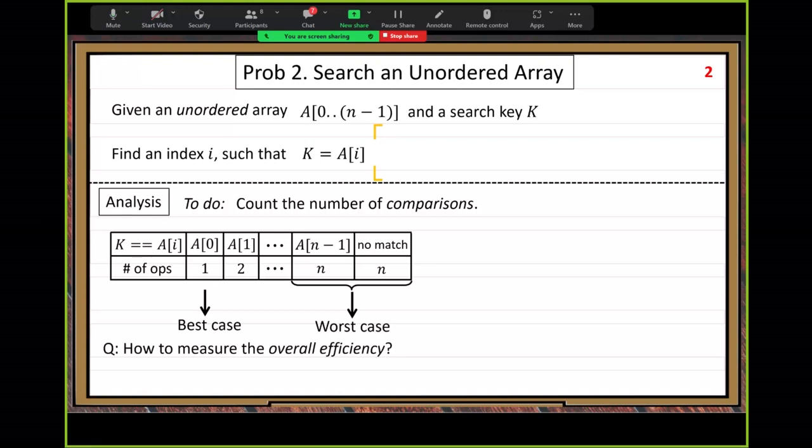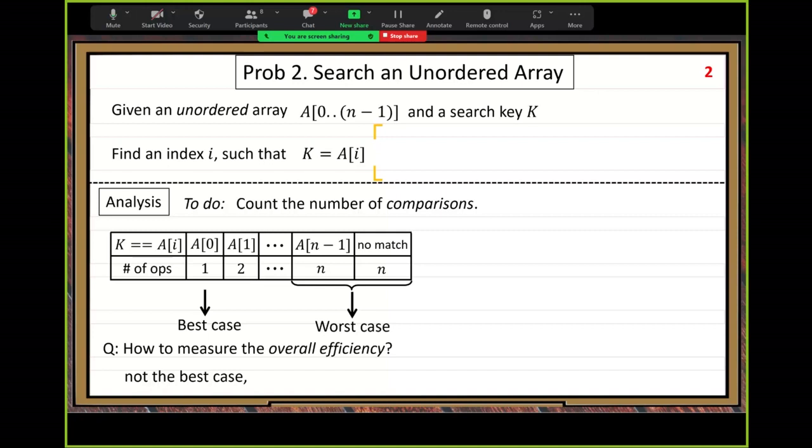But we also want to measure the overall efficiency, because when people talk about the linear search, people also want to know what the overall efficiency is. If we want to find the overall efficiency, it's not good to use the best case, because you are too optimistic.